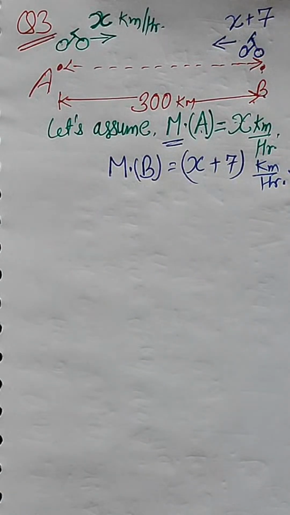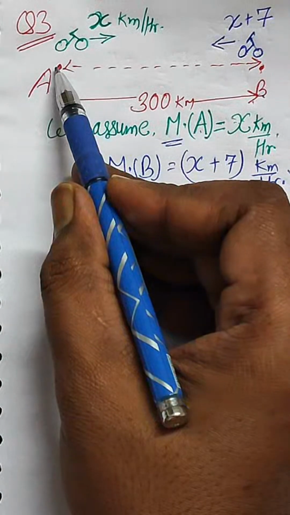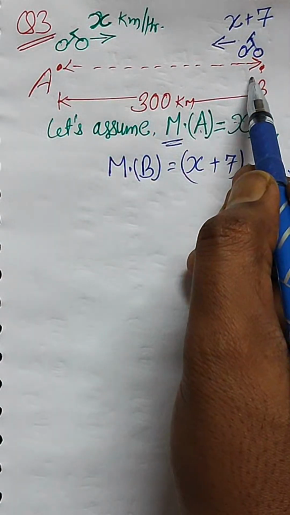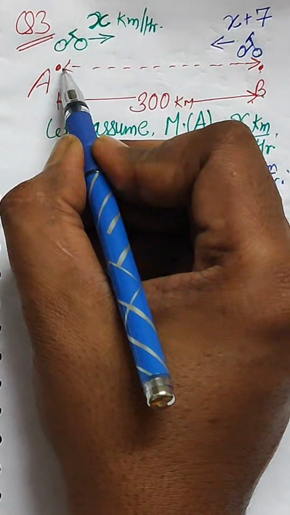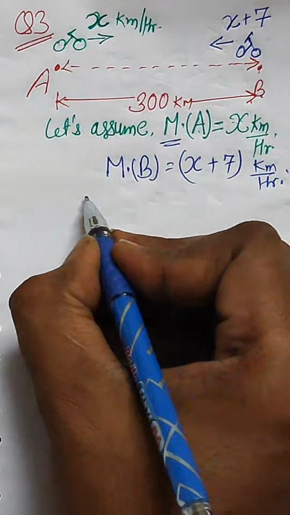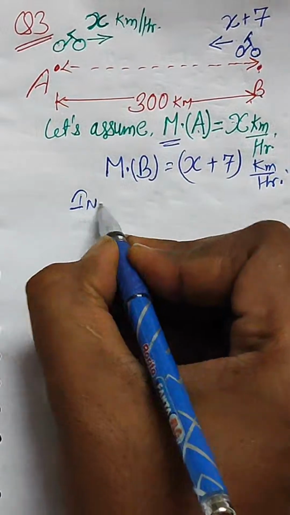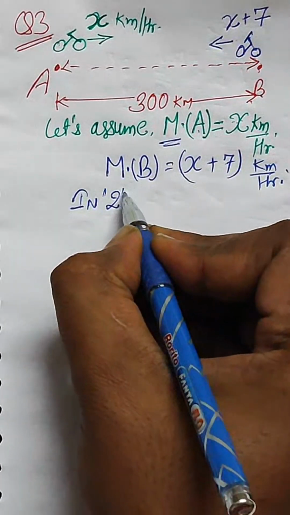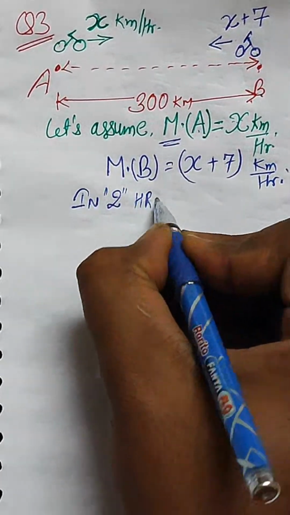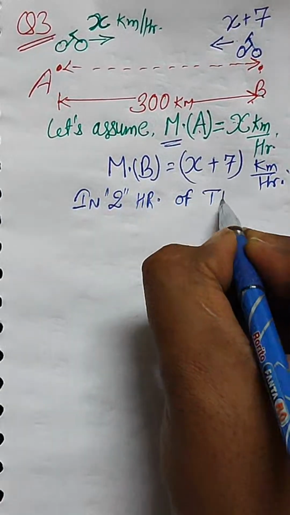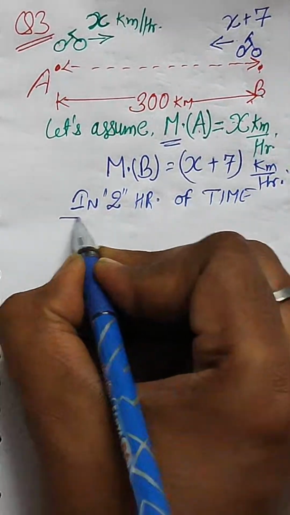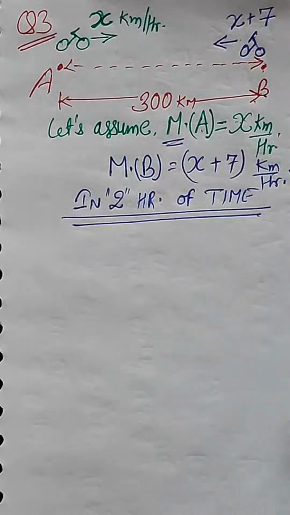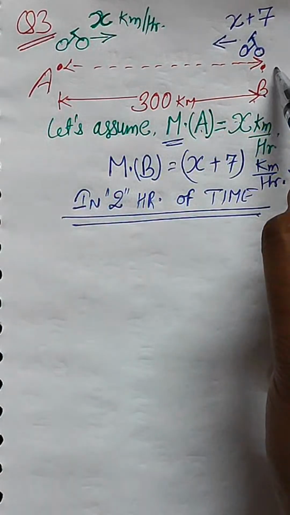If the distance between them after 2 hours of their start is 34 km, so that means A started from A, B started from B, and in 2 hours of time, both of the motorcyclists travel for 2 hours.